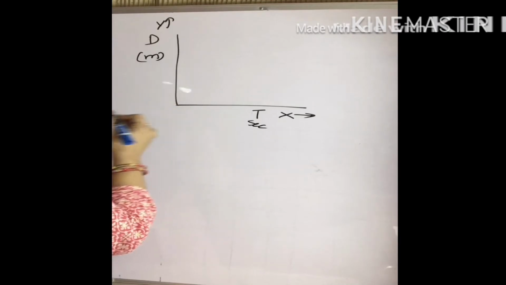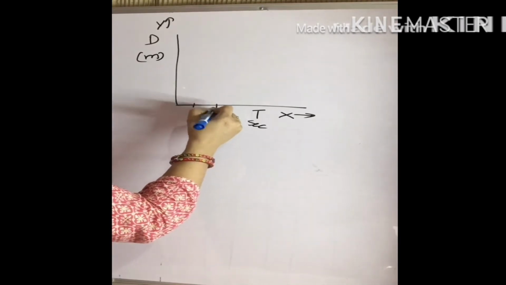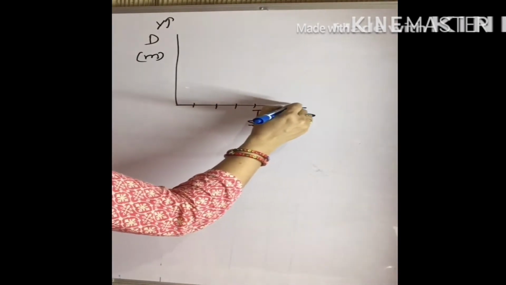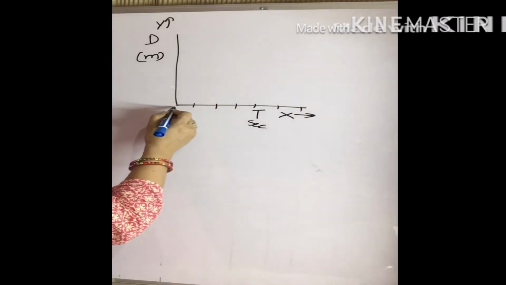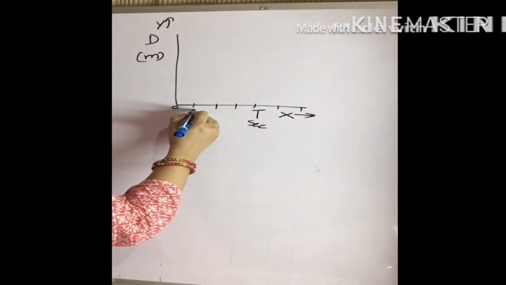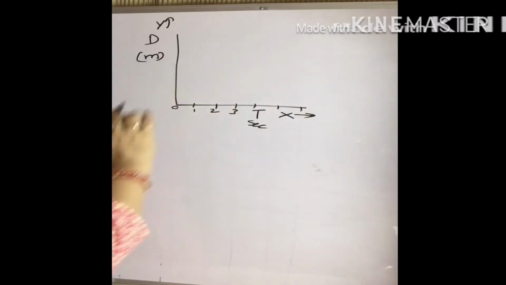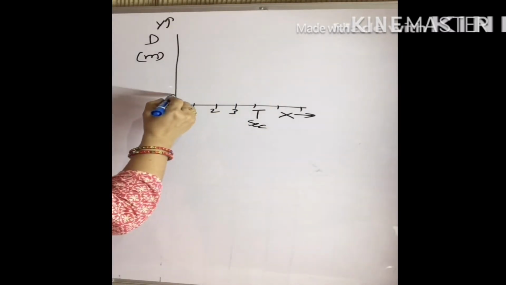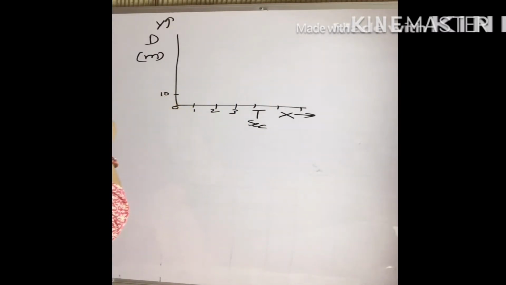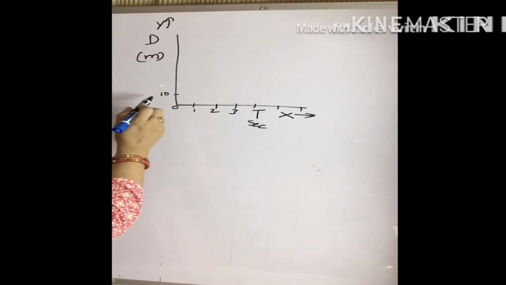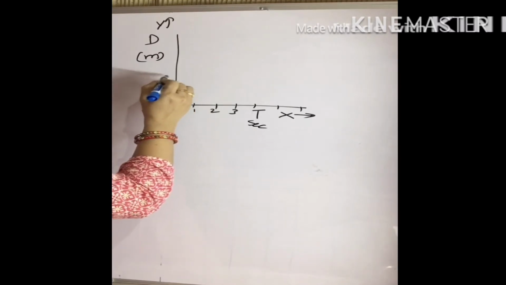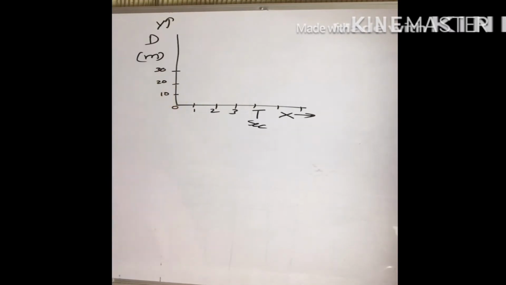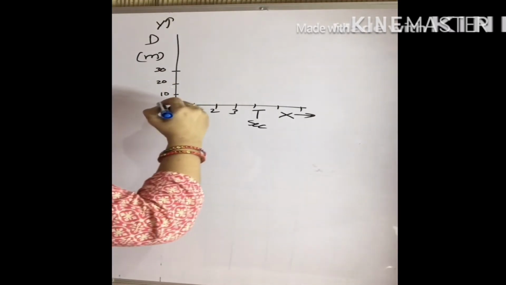Time is taken, the scale I have taken is 1 second equal to 1 centimeter. That is the scale taken. So this is origin 0. This is 1, 2, 3, etc. And here I have taken 1 centimeter equal to 10 meters. That is 10, 20, 30. Same example I am taking and explaining you, students.